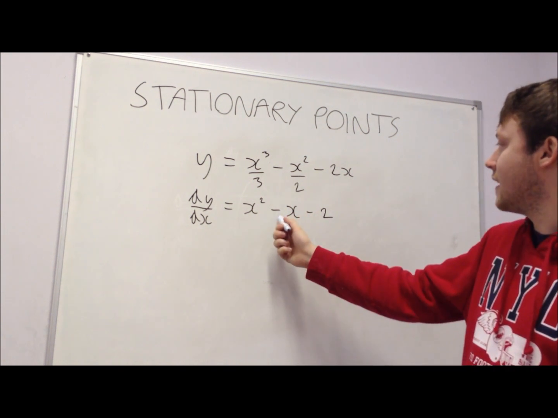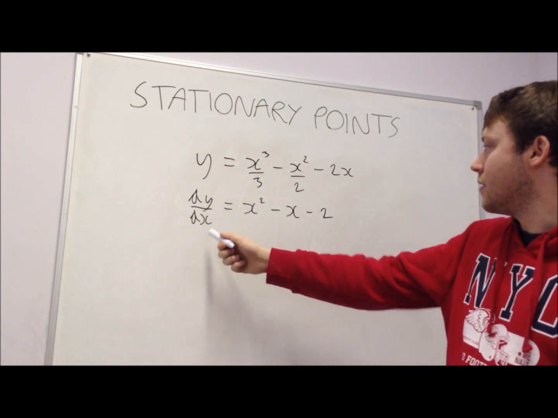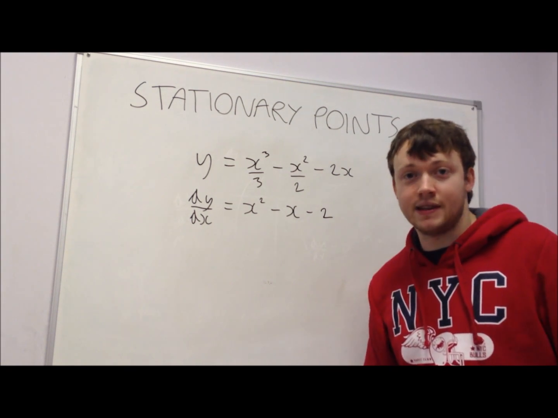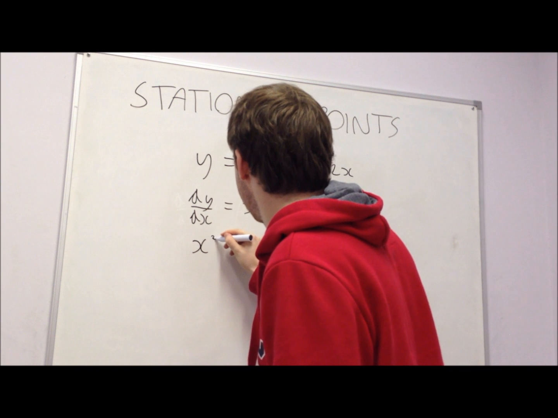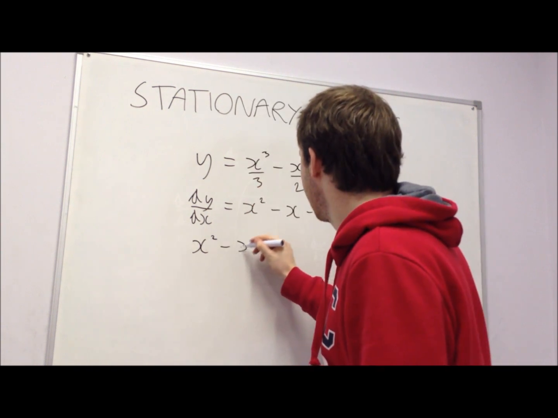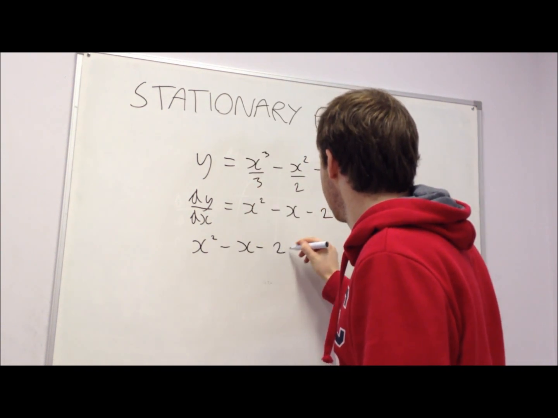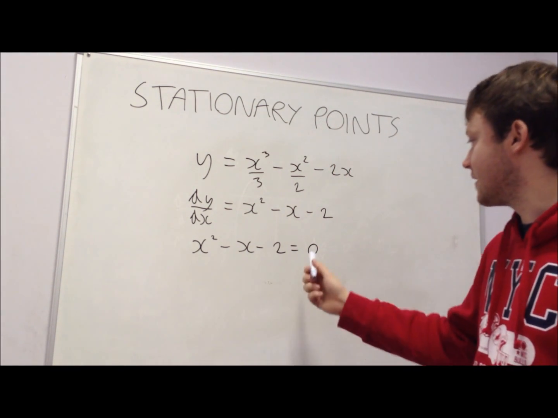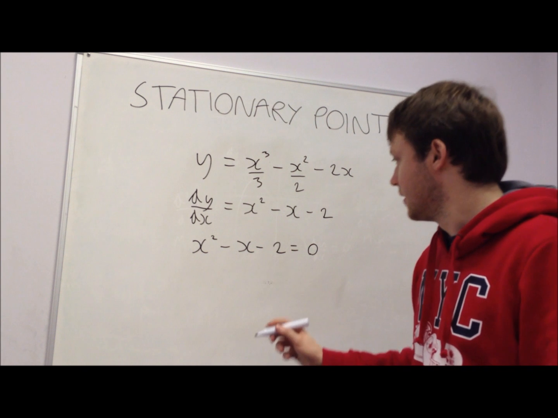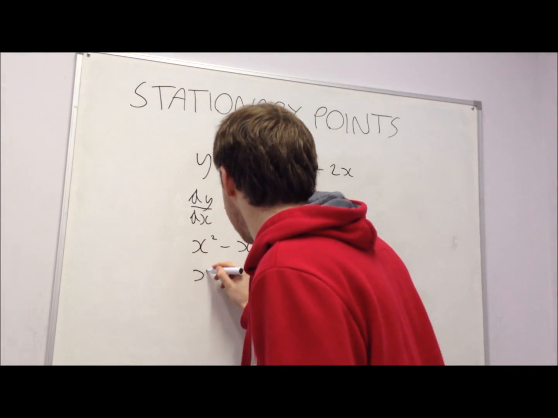So we know now to set this to 0, since dy dx must be 0 at any stationary point. And then we become left with a fairly simple quadratic equation. Now our first instinct here should be to factorise, and that would be correct.